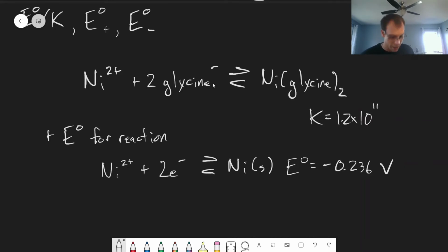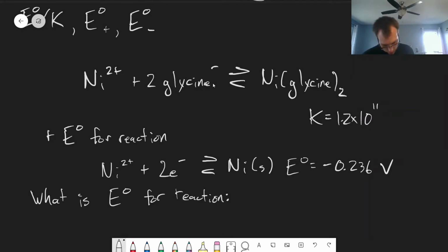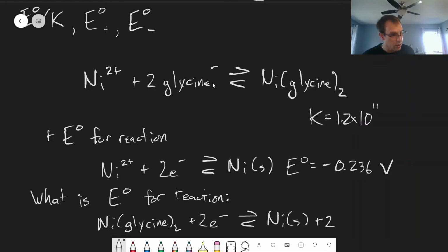Let's say the question is, what is E naught for this reaction, where we have the nickel-glycine complex being reduced to nickel solid plus 2 glycine minus? All right, and so that is what we're trying to find out.